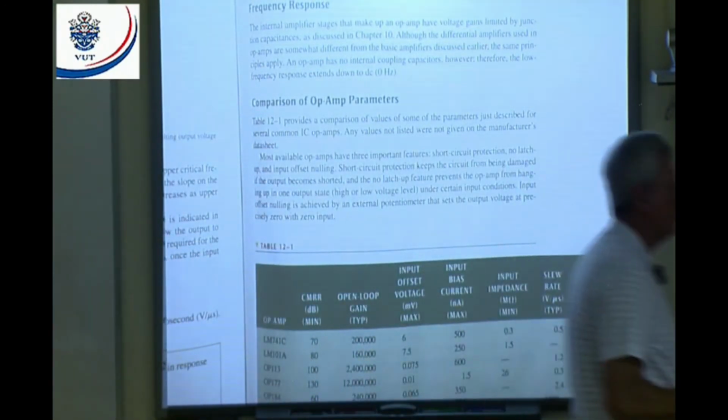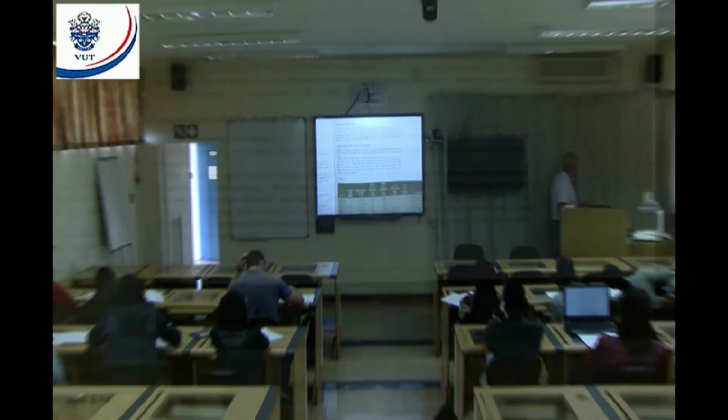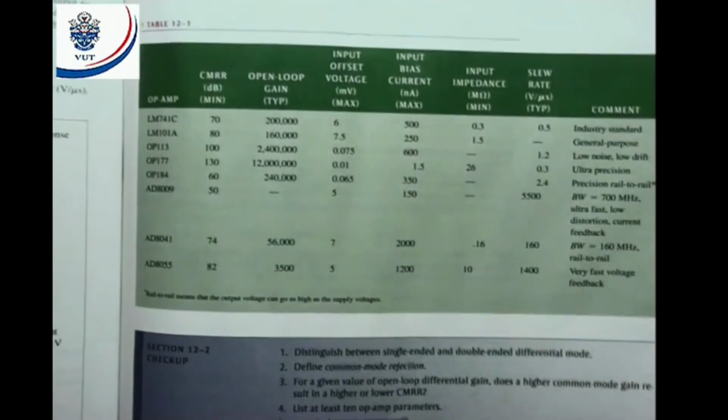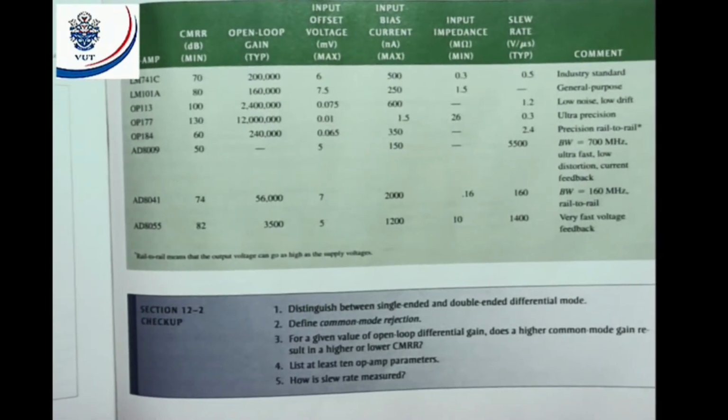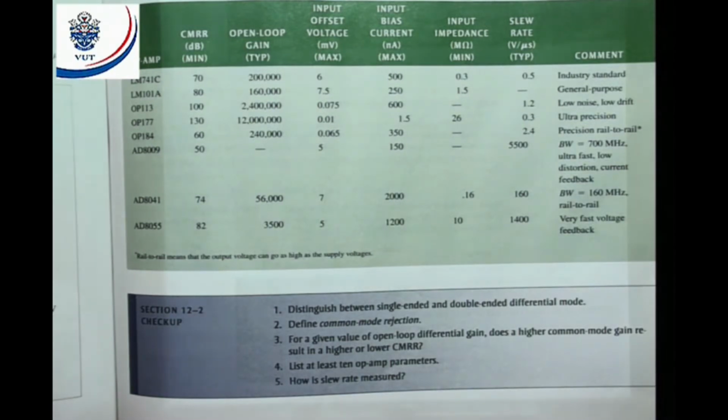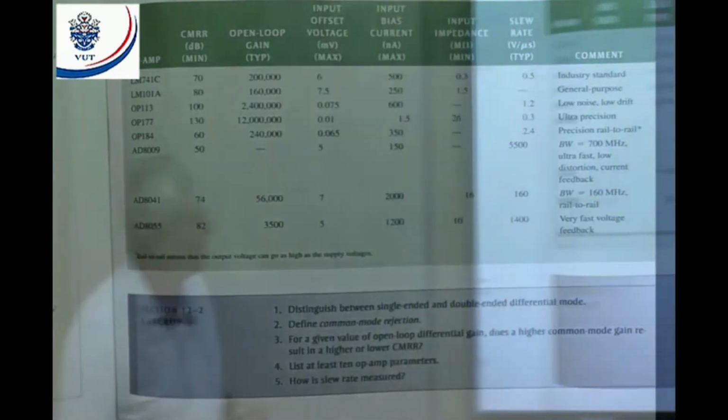I want to look at this comparison between different op-amps. I'm not going to look at all of them. I will take the one we're going to use, and I will take the best, the op-amp with the best characteristics, the op-amp closest to the ideal device.